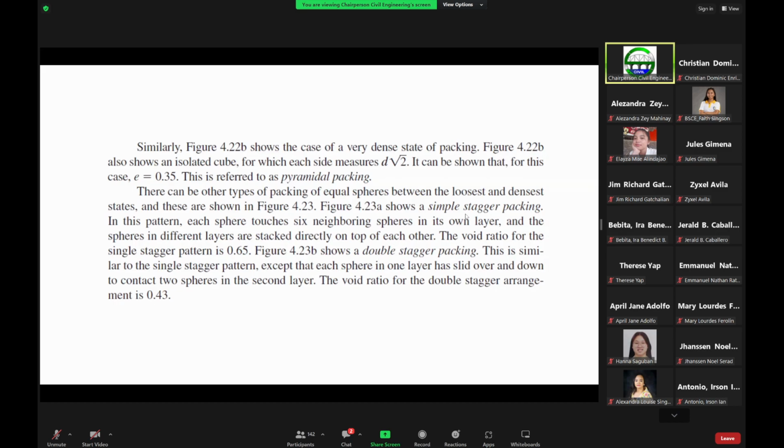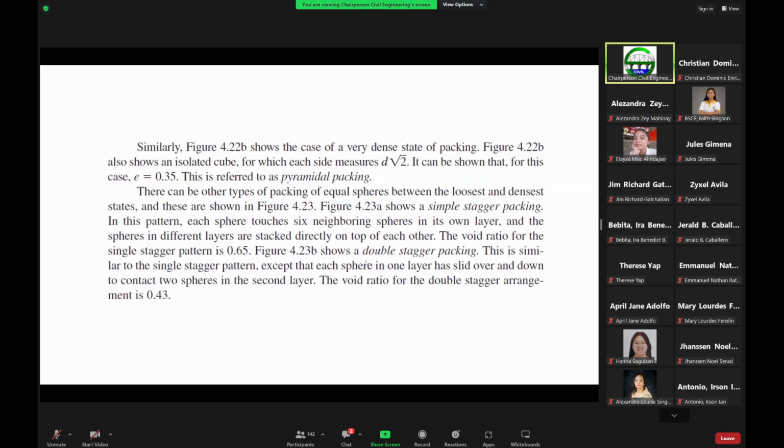In the simple stagger packing, in this pattern, each sphere touches six neighboring spheres in its own layer, and then the spheres in different layers are stacked directly on top of each other. So if you look at the figure, that's this one here, the simple stagger.